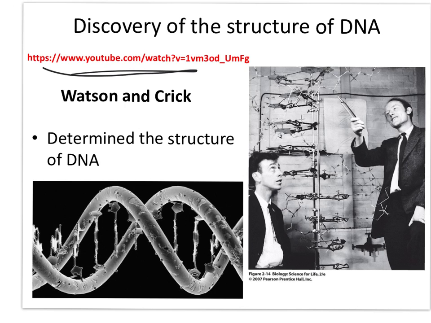And then later on, Crick, who was English, Watson, American, Crick figured out the way to read the genetic code. I talked to you about those bases. Well, if you get 3 bases long, which we'll see, you will code for an amino acid.